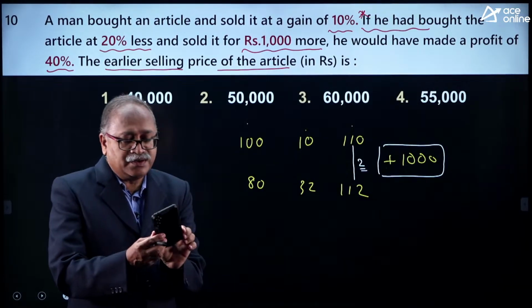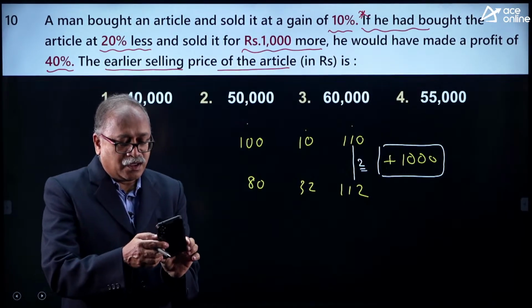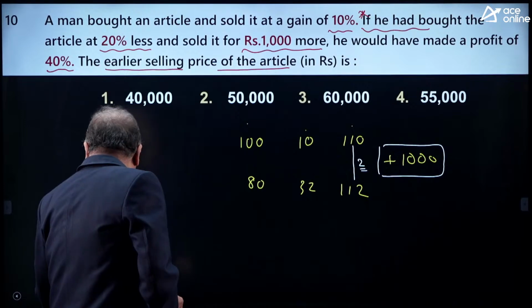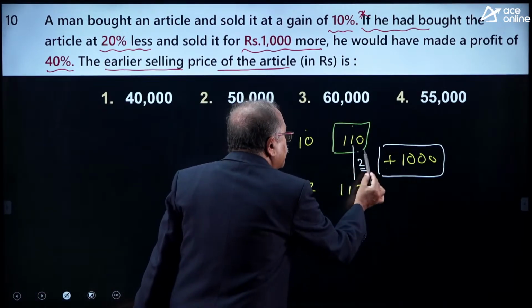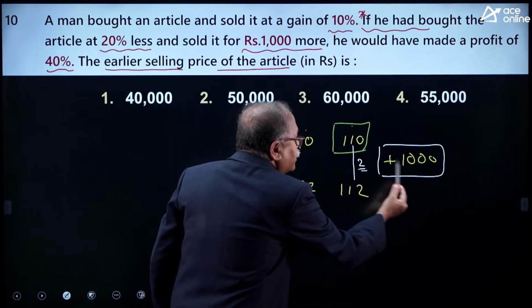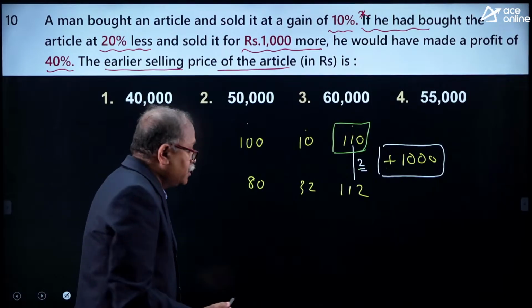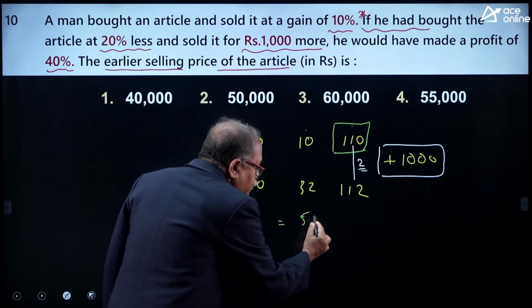Anyone answered other than Aman? Okay. So, what is the previous selling price? The previous selling price is 110 parts. When I know one part is 500, then 110 parts will be how much? I am just simply writing this, but usually you do not write this.